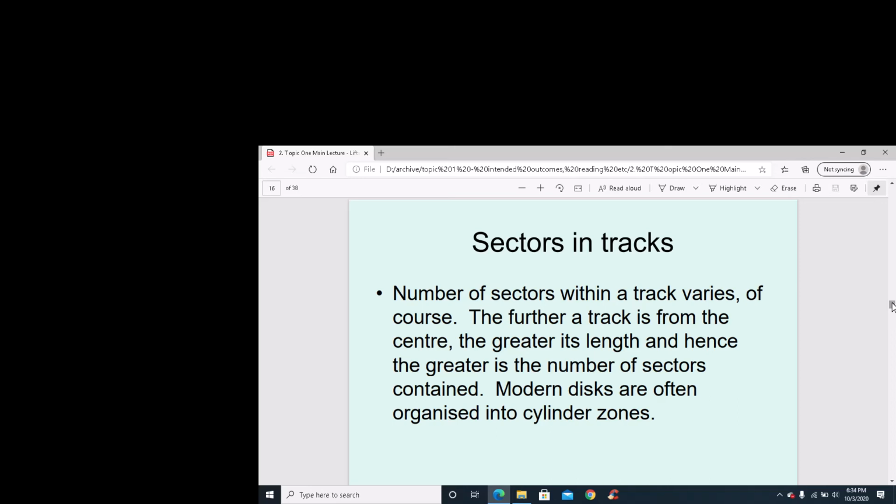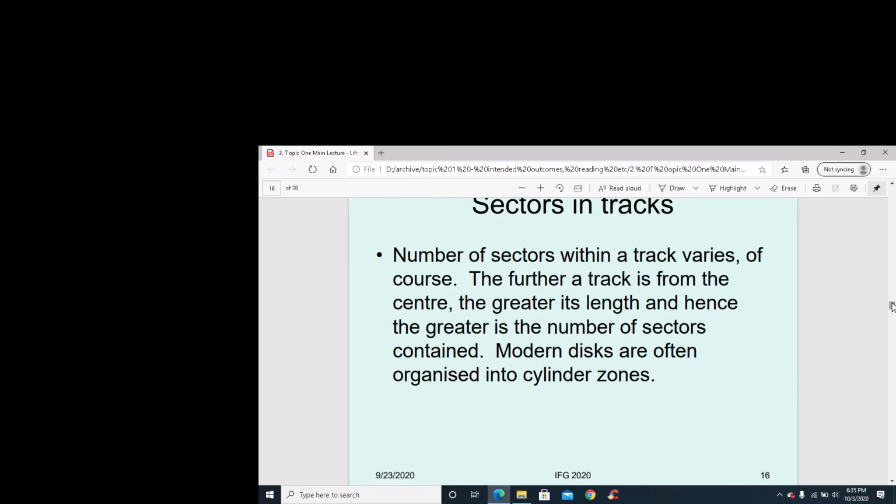And guess what? You can uniquely identify every point on the disk by means of a sector number and a particular byte. And you don't really need anything else. So it's a particular track and a particular sector on that track. That's going to be the physical address.